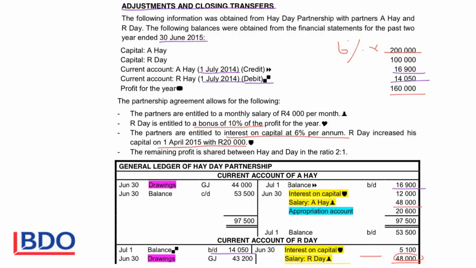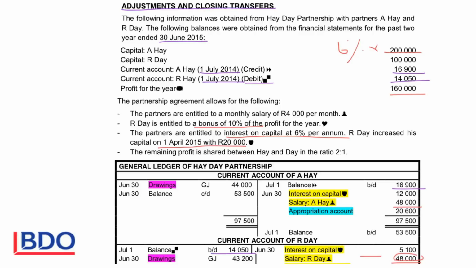For the calculation of the interest of Day, we have to take into account that 20,000 was only received on the 1st of April. So I will deduct the 20,000 from the 100,000, and on 80,000 Rand, I will work out 6% for the whole year. And then on 20,000, I will work out 6% from April to June. So that means April, May, June, only 3 months.